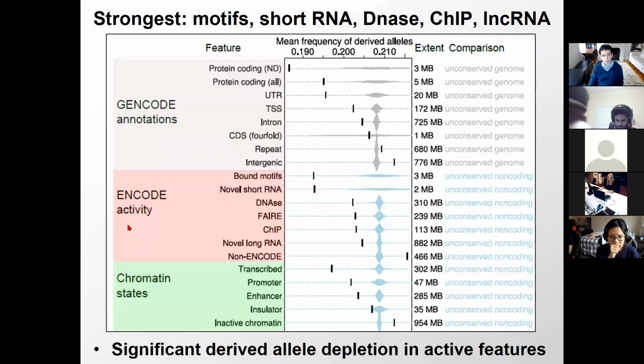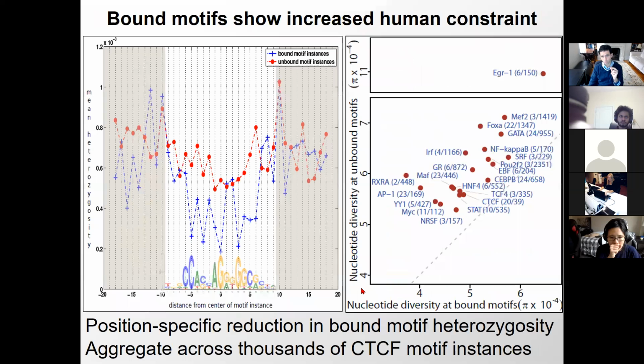But if you look now within regions that show activity according to binding of regulatory motifs or novel short RNAs, these are as conserved as some protein coding regions, suggesting that indeed there's additional function within the human genome, which you can recognize just by comparing human population variation.